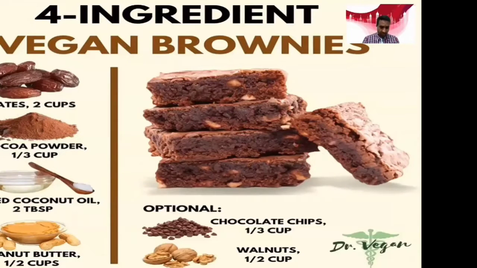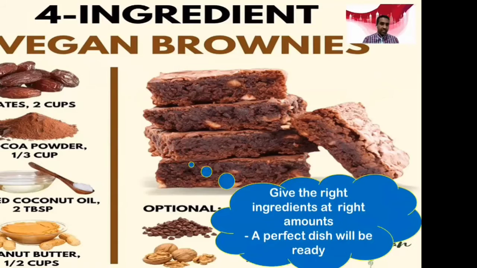Actually, no. If you want to prepare a dish, say a vegan brownie, you have to read the procedure properly and give all the necessary ingredients in adequate quantity. If you provide the right ingredients in the perfect quantity, you will get the right dish, right?